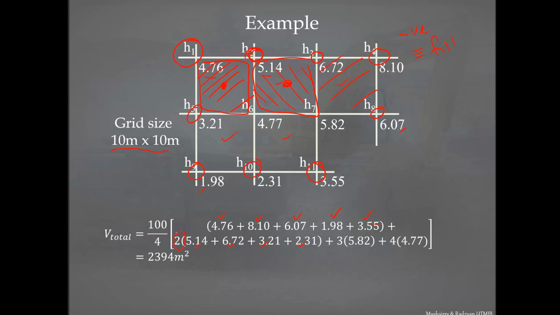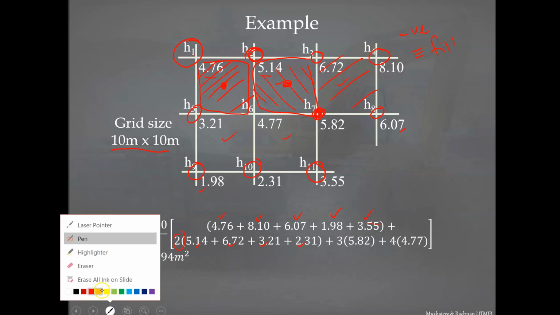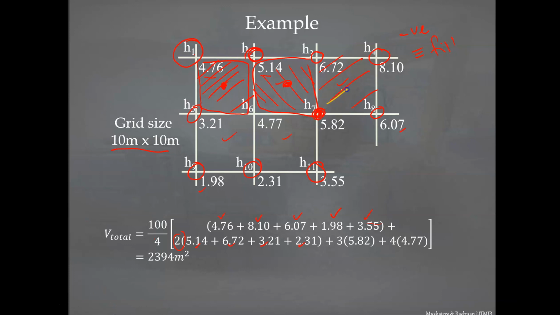Multiply by 2. Then the one that we use 3 times will only be H7 in this case, because we will be using H7 to calculate that area, that volume, and that volume. So 3 times: 5.82 multiplied by 3.